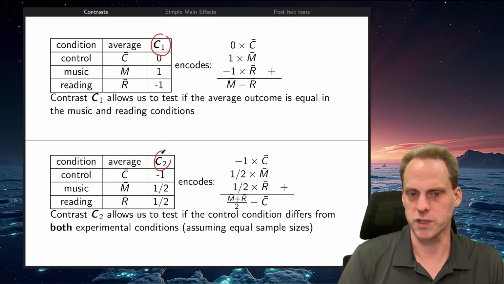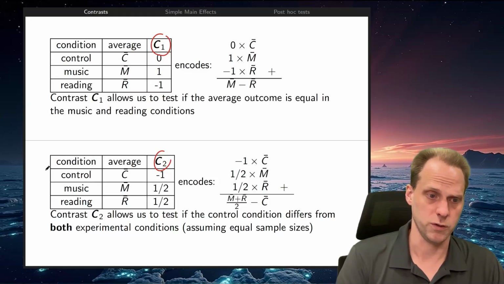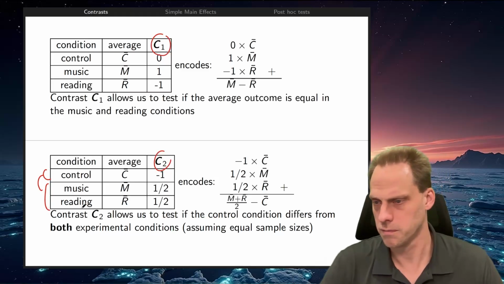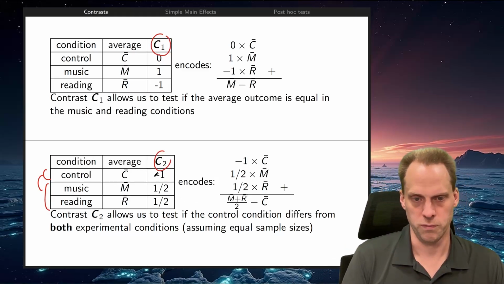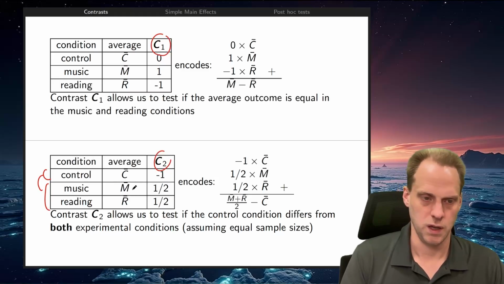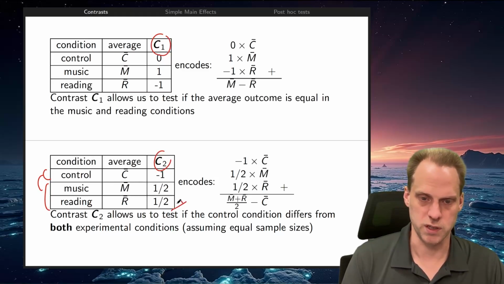Let's do a new contrast, C2. So what am I doing here? I'm comparing control to music and reading. So I specify for control -1 and I specify for music and reading a half, so that the sum of this is again 0.